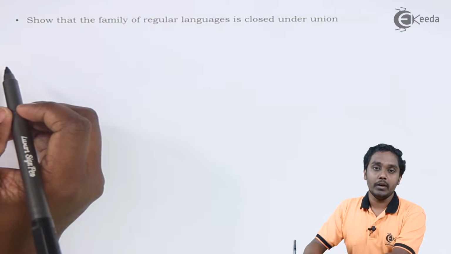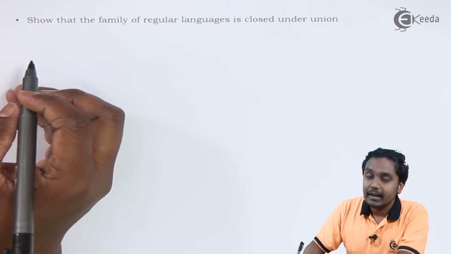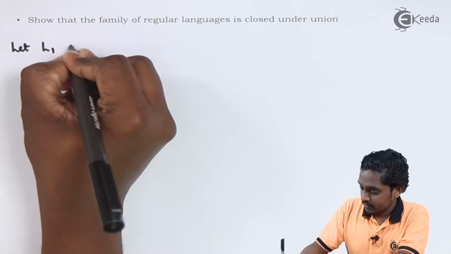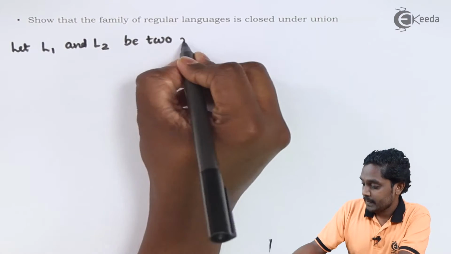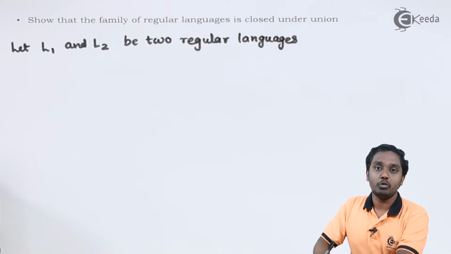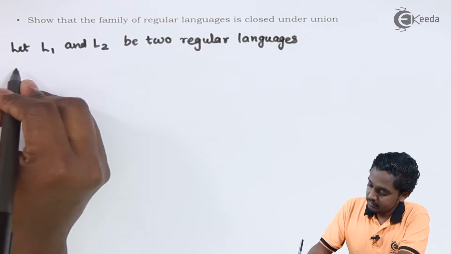Let us take two example languages. Let L1 and L2 be two regular languages. Let M1 and M2 be the machines which accept L1 and L2 respectively.